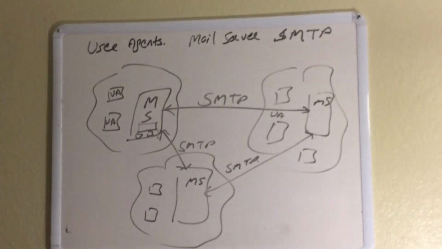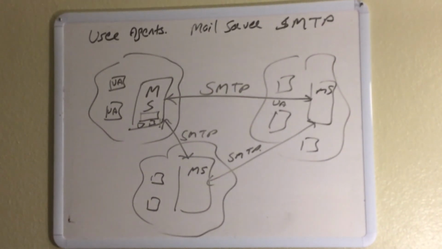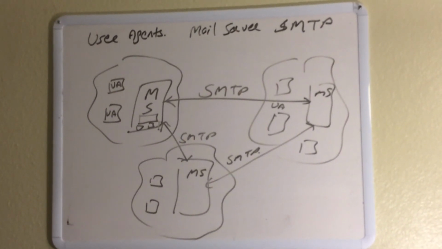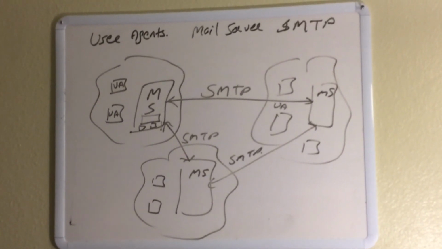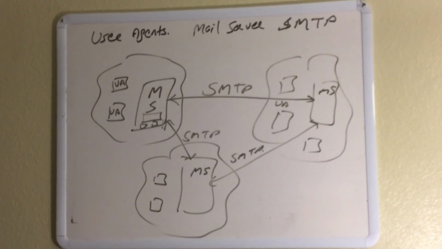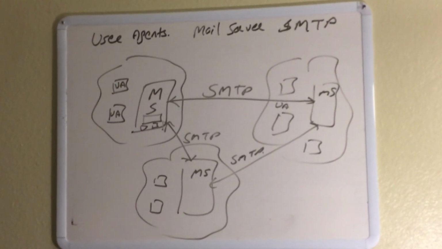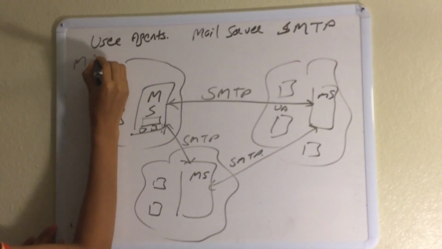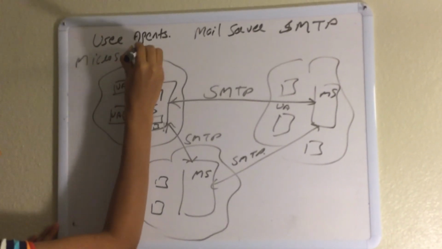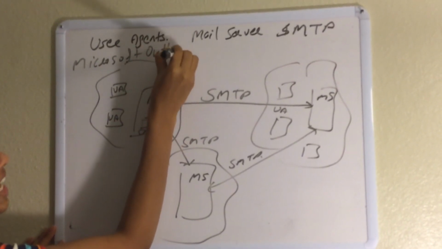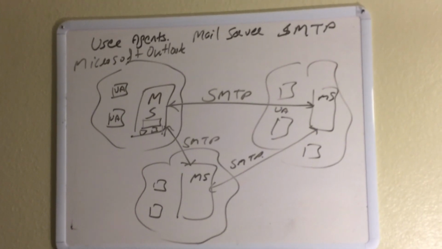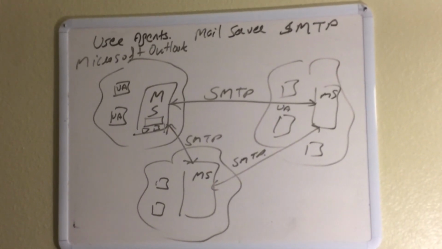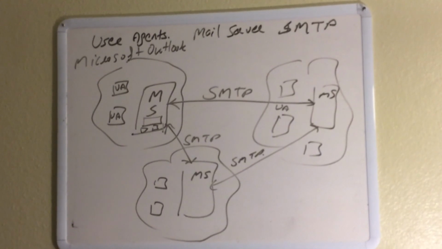The user agents can read, reply, forward, save or compose messages like we do in normal day-to-day life. For example, we have Microsoft Outlook and Apple Mail. Now take, for example, if Alice writes a mail and wants to send it, how does it travel through the network?